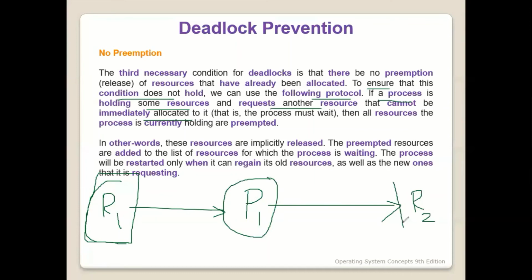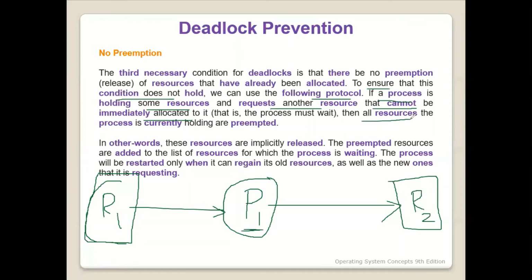Let's assume that a process is holding a resource and requesting another resource, and that resource can't be immediately allocated. That means P1 has to wait.